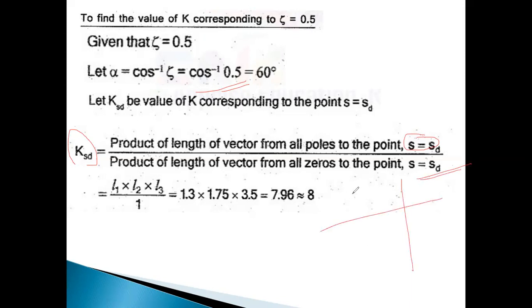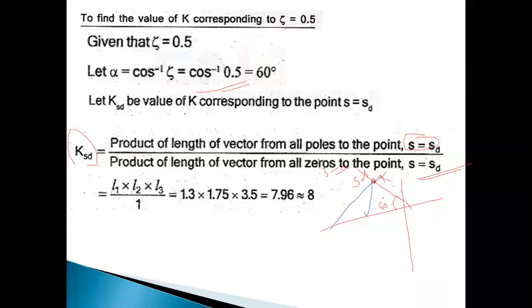That means at a particular point, this is SD, we have already obtained the 60 degrees. So zeta value is 0.5. Our aim is to find out the K value at this particular location. So draw the lines from all the remaining poles and zeros.